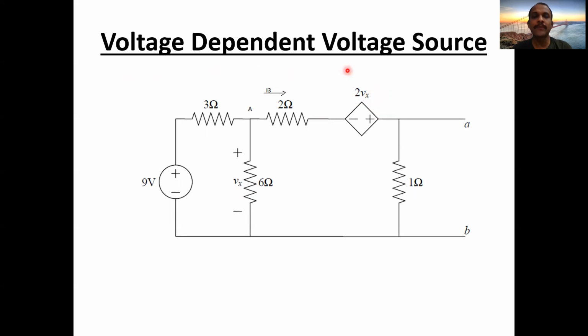That's why a voltage dependent voltage source is described as a voltage source which depends on the voltage across some other element in the same circuit. Here it depends on the voltage across 6 ohms, so 2Vx means 2 times the voltage across 6 ohms.